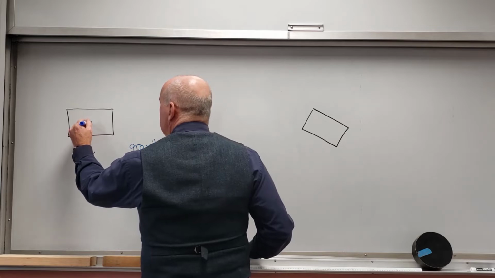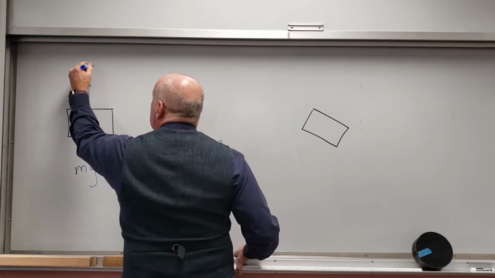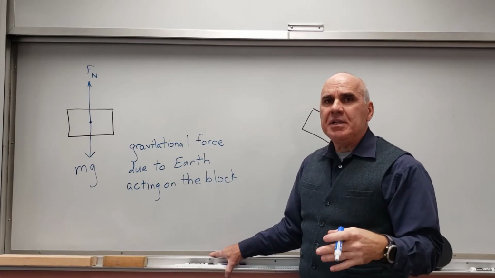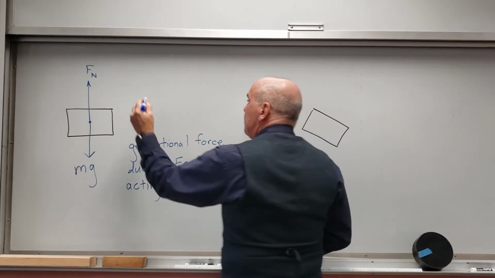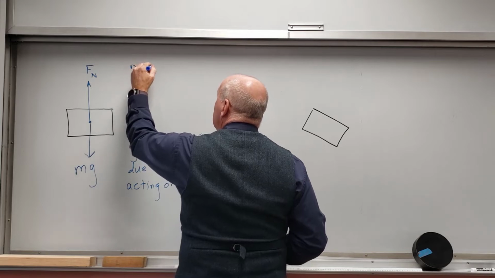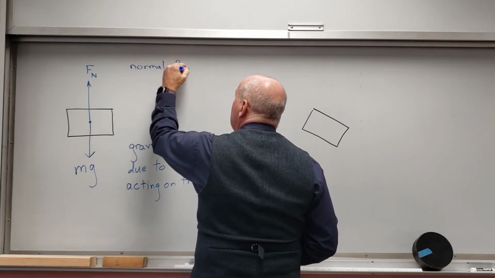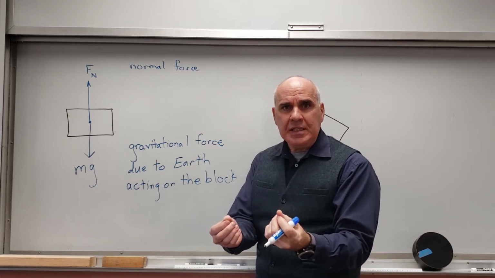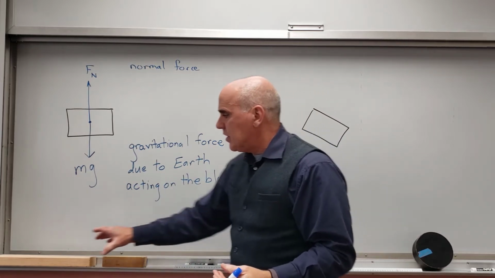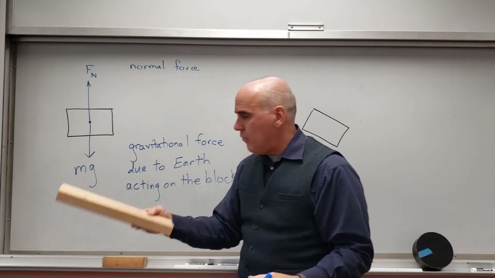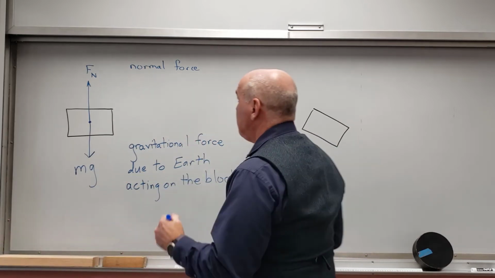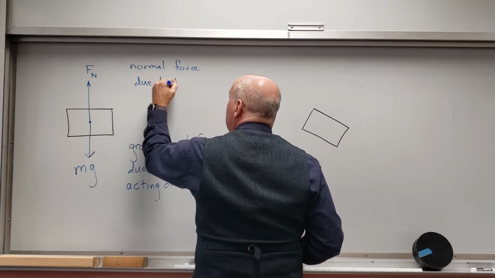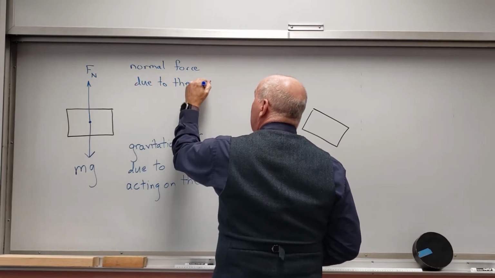Then there's another force pointing up, and I'm going to label that F sub n, and I call it F sub n because it's a normal force. Right, so this is a normal force. And a normal force is short range, so it has to have physical contact. The only thing in physical contact with the block was the 2x4. So it's got to be caused by or due to the 2x4.